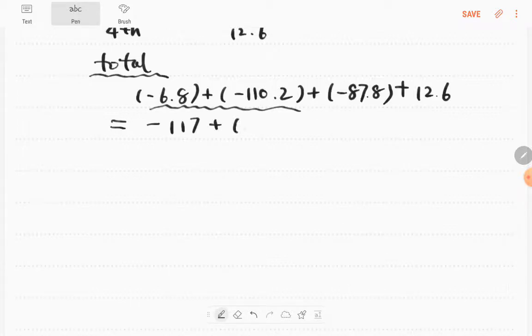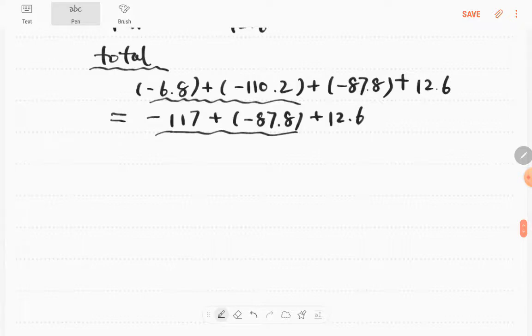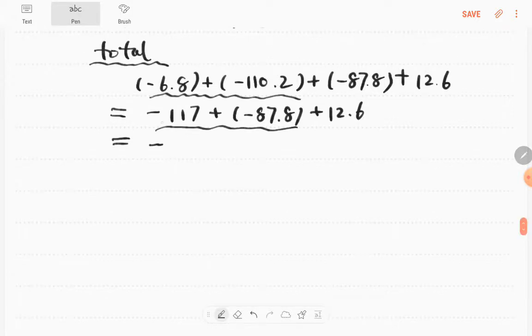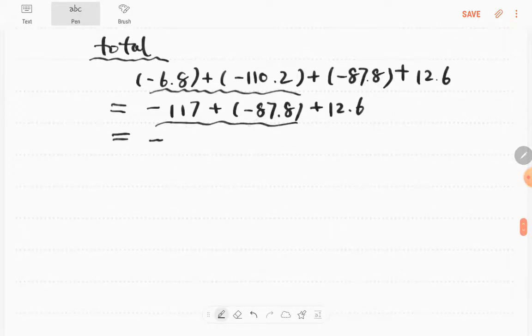Then we do the remaining part. We check this one. Still two negative numbers, so our answer will still keep the common sign, negative sign. Then we try to add up their absolute value.